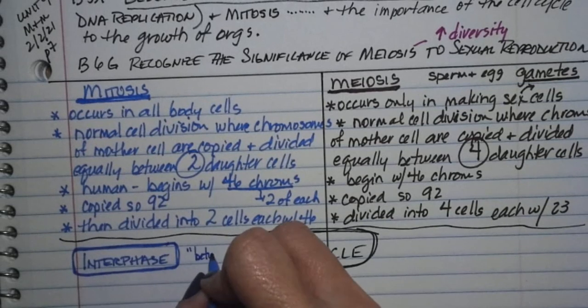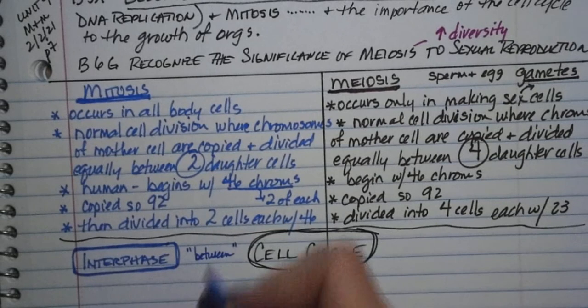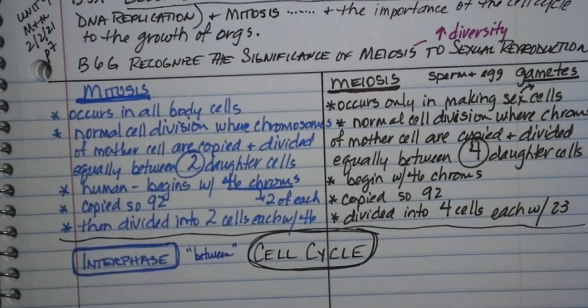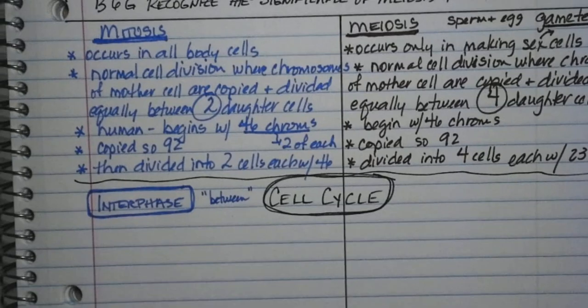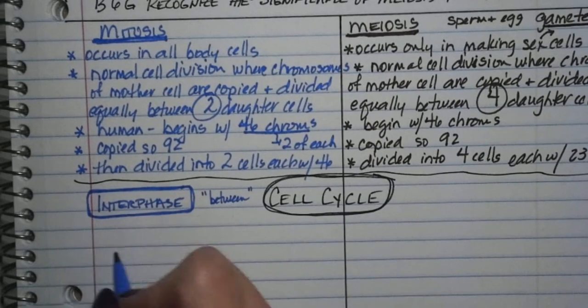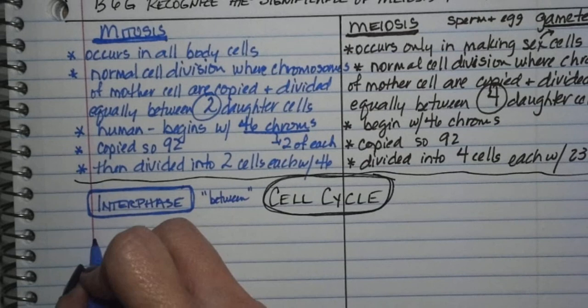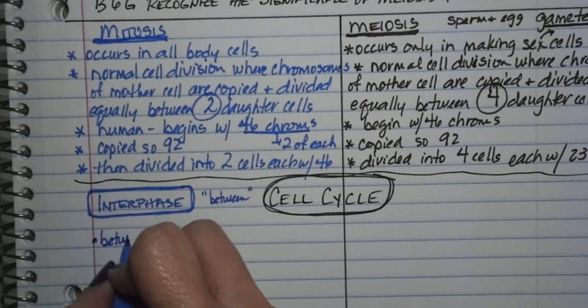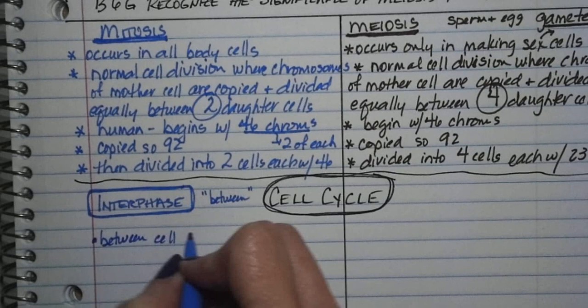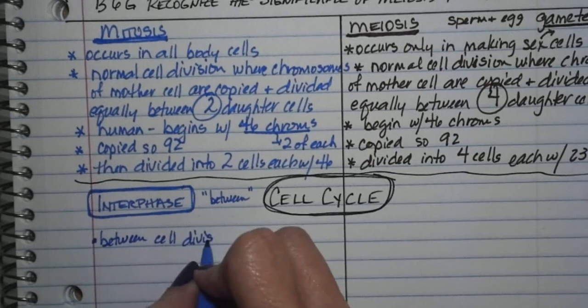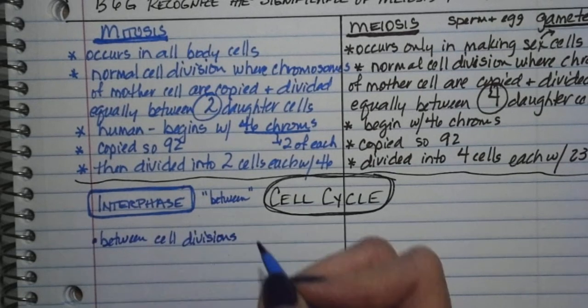So when we talk about between, it's between cell divisions. So it's not reproducing immediately. This is the time that it spends most of its life in. So this is when you have a little bit of time for growth.